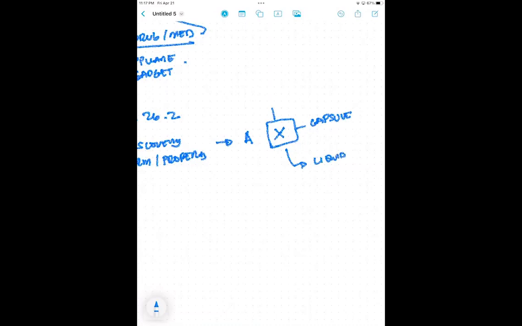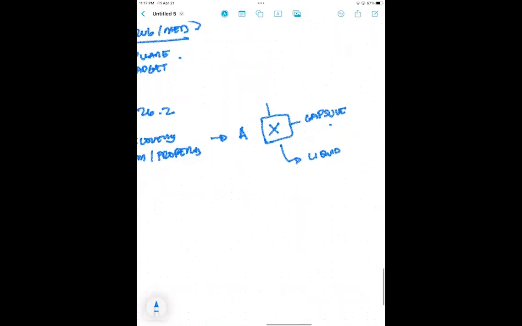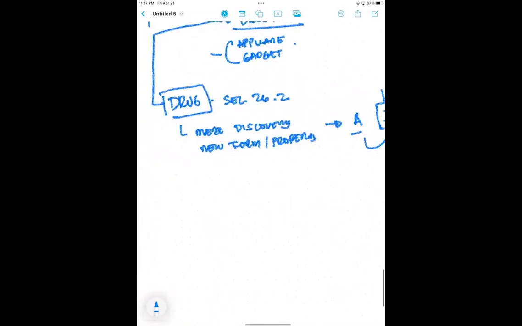Now, from capsule to liquid, A was now applying for a patent for X in its liquid form. Should the patent application be granted? The answer to that is no, because it is no longer patentable because it lacks inventive step.